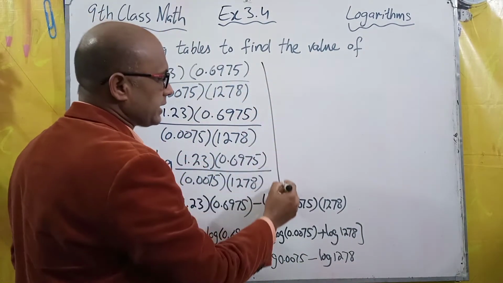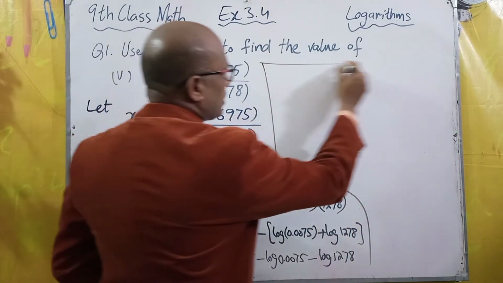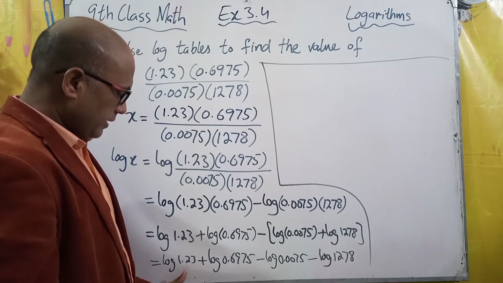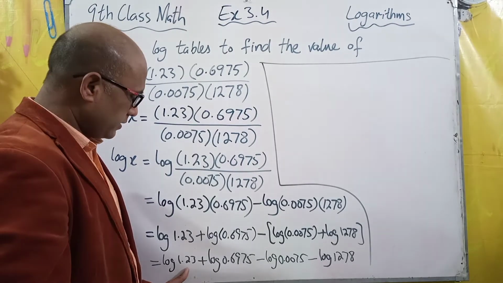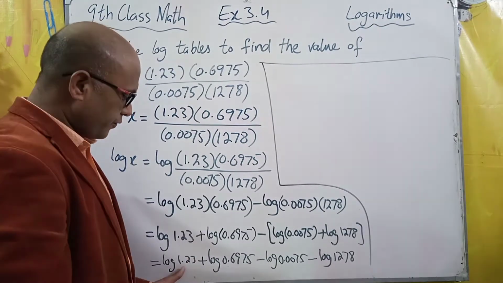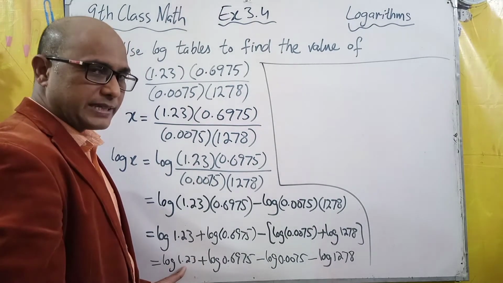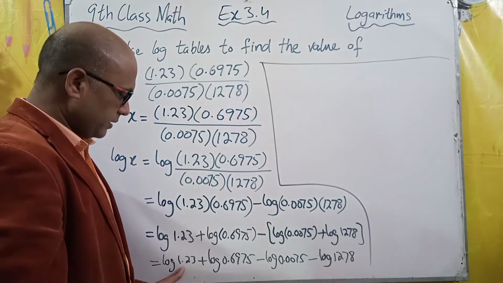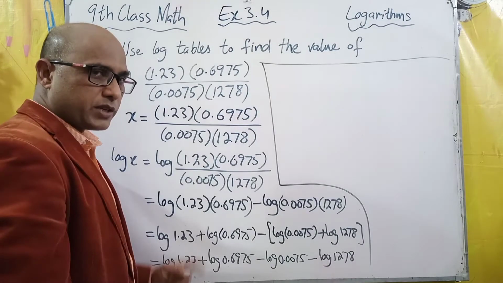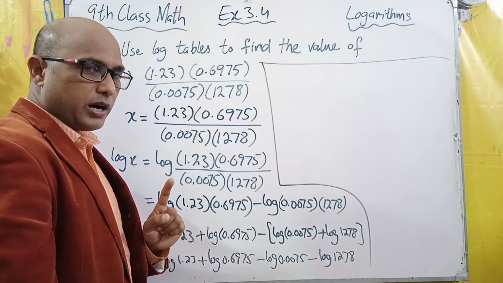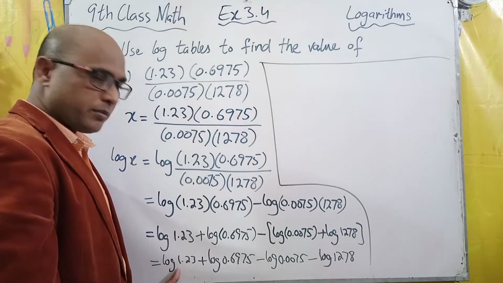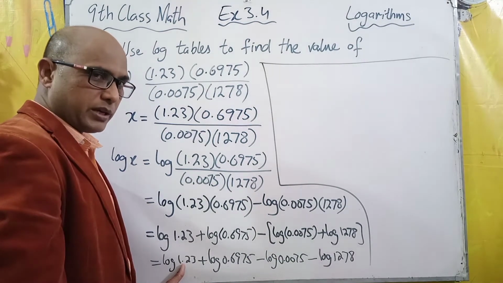We can use this space on the whiteboard. Students, how to find the log of this number 1.23? First of all, we find the characteristic of the number. There is one non-zero number before the decimal.